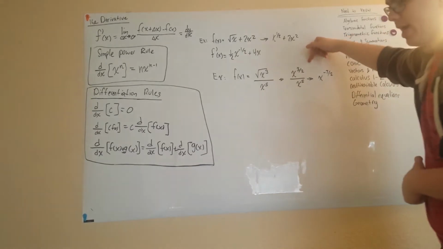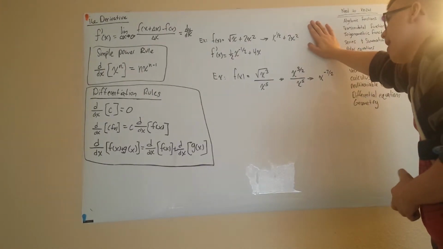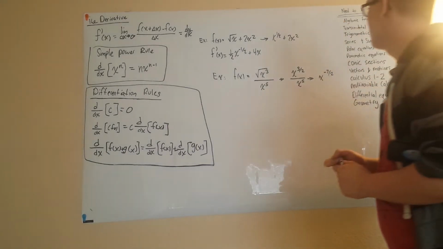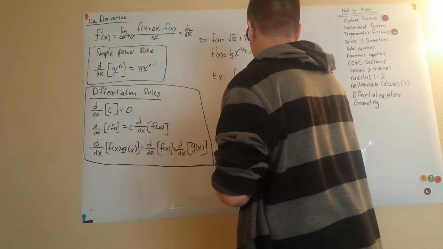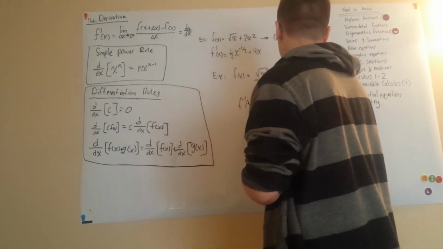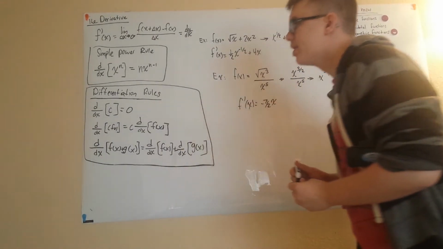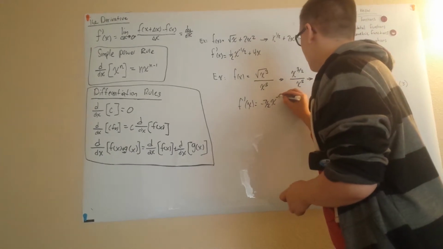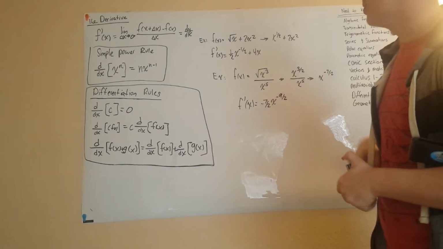So this would be 3 halves minus 10 halves. So that means f prime of x would be negative 7 halves x to the 3 minus 1, that's going to be negative 9 halves. And that would be your derivative.